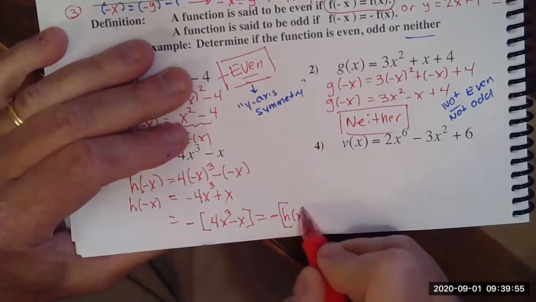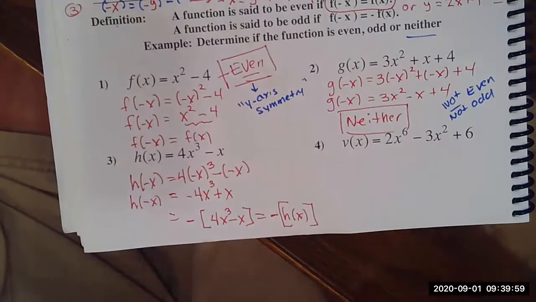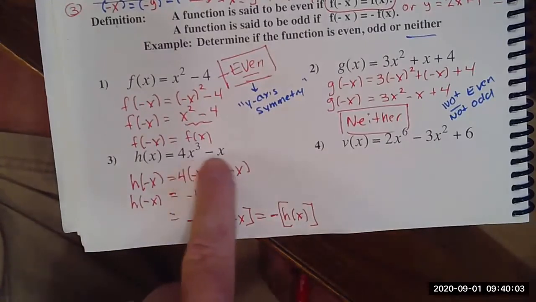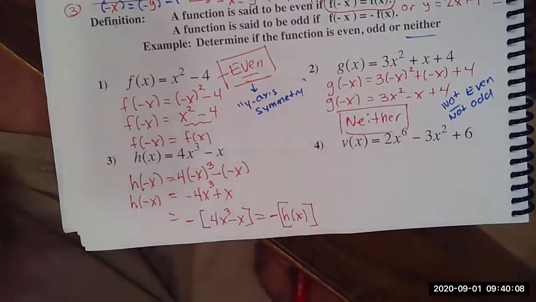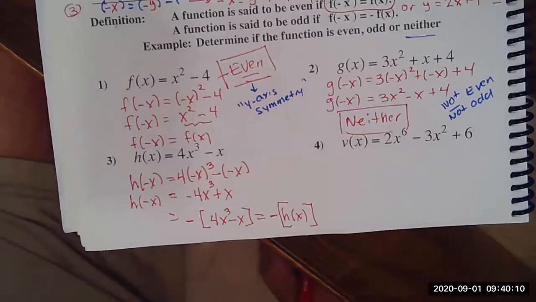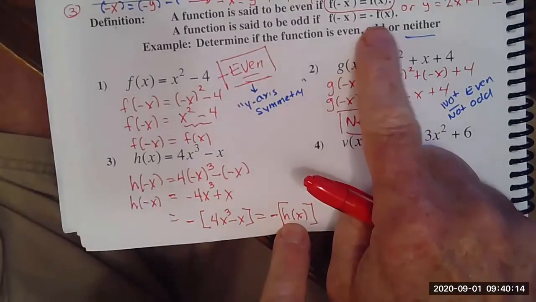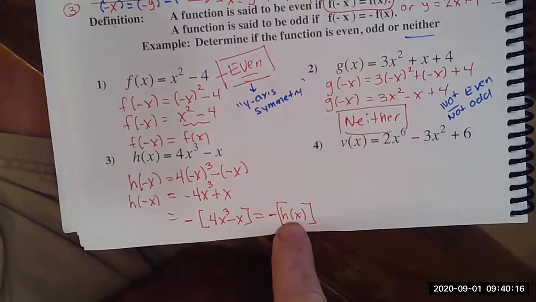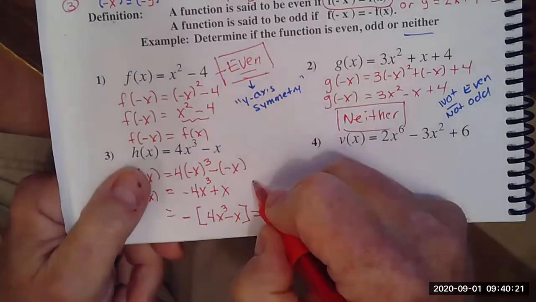So I'll put that in brackets so you can see that. What I was telling you is you just notice if all the signs changed. They did. See, the signs change from here to there. You can stop right there because it indicates that it's odd. I'm just showing you by proof that it's the opposite of the original. So this one's odd.